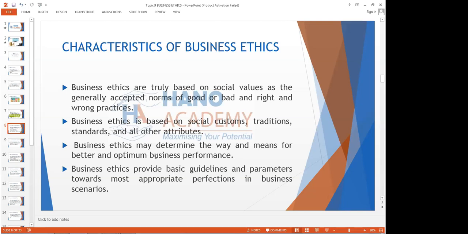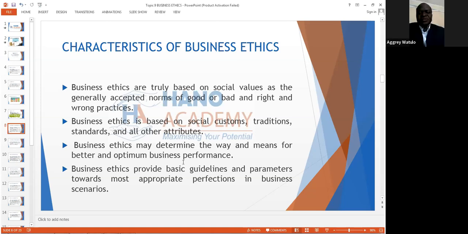So these are some of the characteristics of business ethics. When you talk about business ethics, we are focusing on the social values that determine what is good, bad, right or wrong, customs, traditions, and standards of the business, ways and means for better and optimum business performance, then providing guidelines and parameters towards most appropriate perfections in business scenarios.